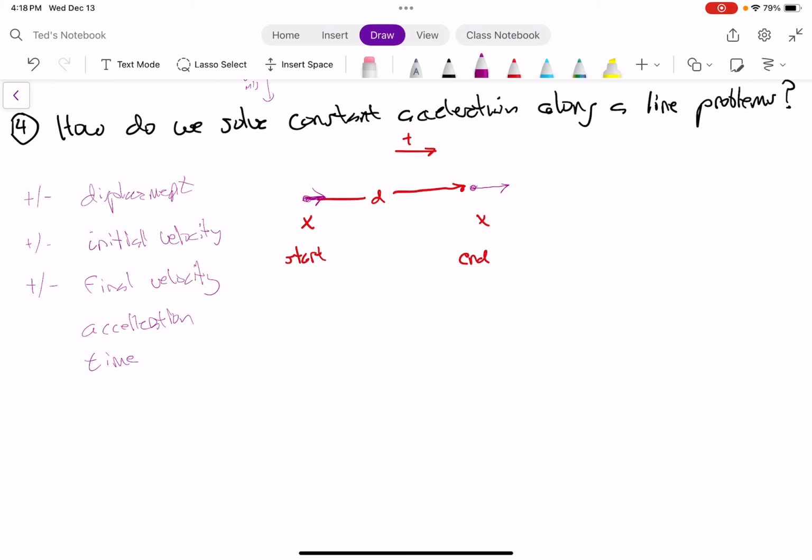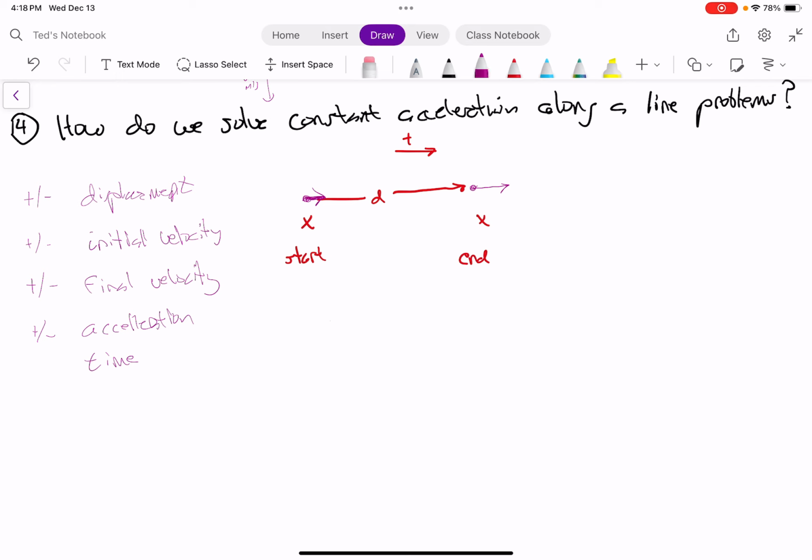Acceleration can also be positive or negative. And again, this refers to the direction of the acceleration. If the acceleration is positive, that means it points in the positive direction. If the acceleration is negative, that means it points in the opposite of the positive direction. So which way does acceleration point?